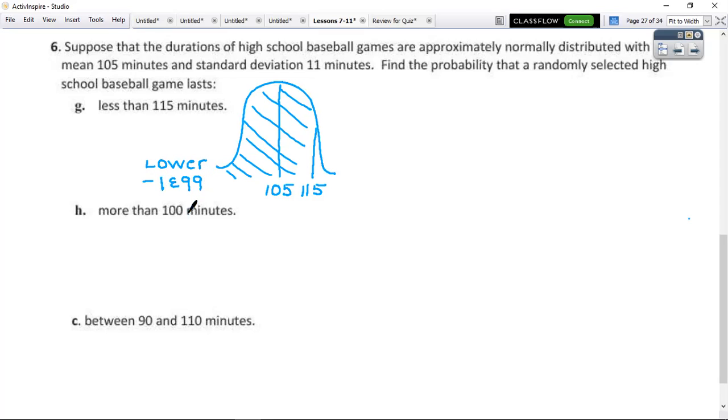Now, again, all you need to write for the purposes of your test is your diagram and your calculator instructions. So I'm going to write this first and we'll go to the calculator second. My lower value is going to be negative 1E99, which again just represents a very tiny number that you are not lower than. My upper bound number, do you guys remember what we used?